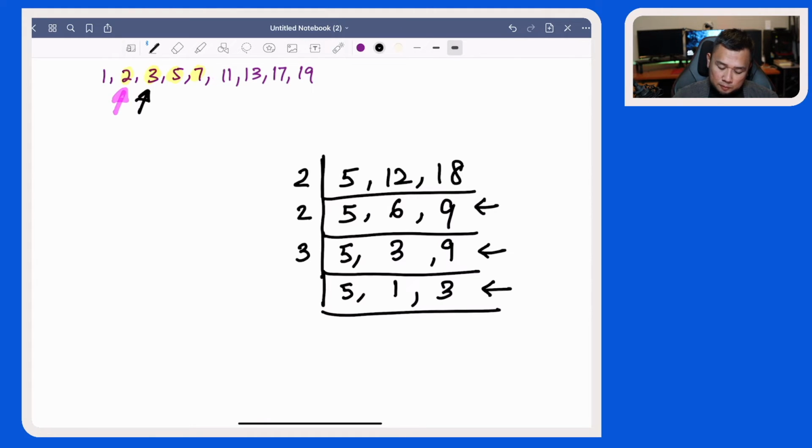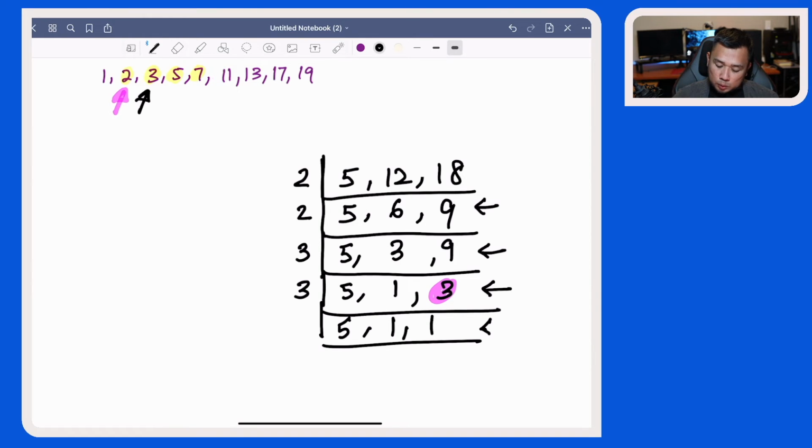I will now check the fourth row to see if any of the numbers can be divided by 3. Well, the last number here, which is 3, can be divided by 3. So I'll put 3 down here on the left hand side, and I'll work out what's 3 divided by 3, and that's 1. Okay.